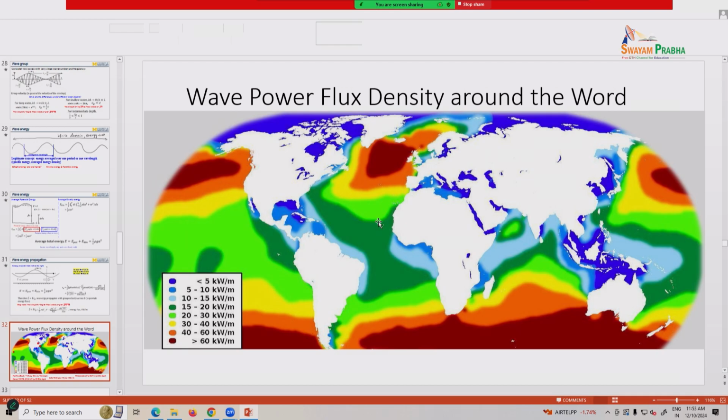This figure shows the wave power flux density around the world, in different colors, right? And in South America, you can say this is 60 kilowatts per meter, right? And in this Alaska, right?